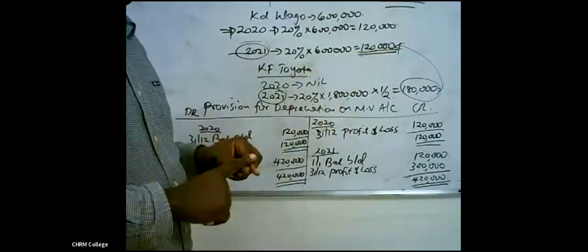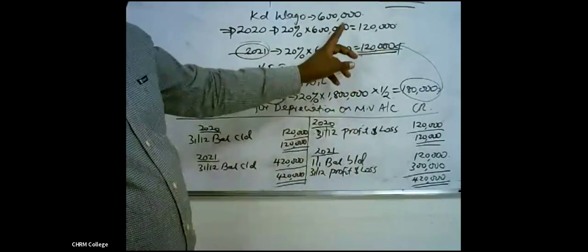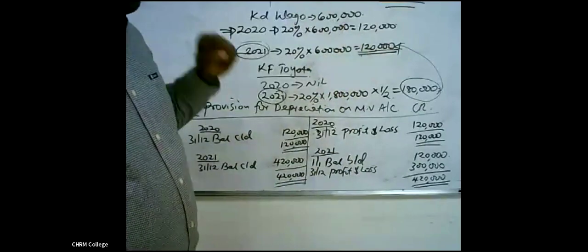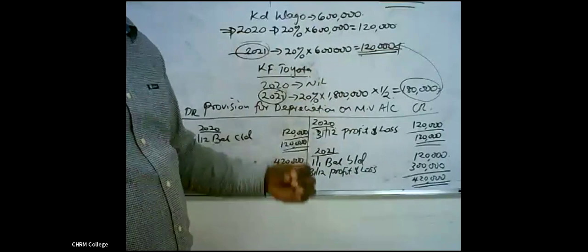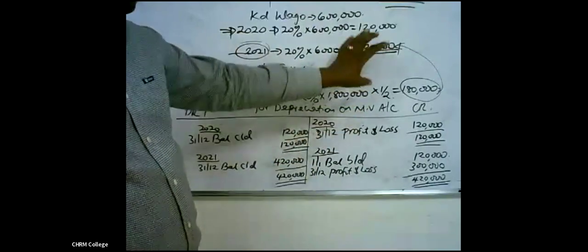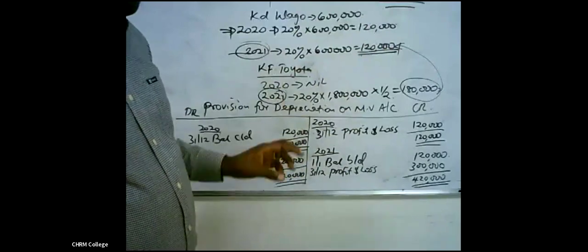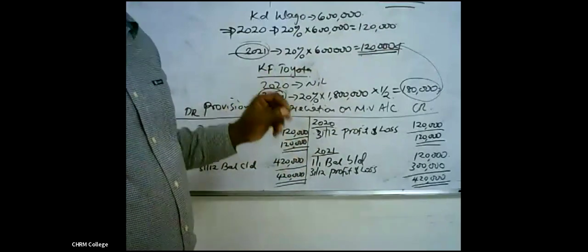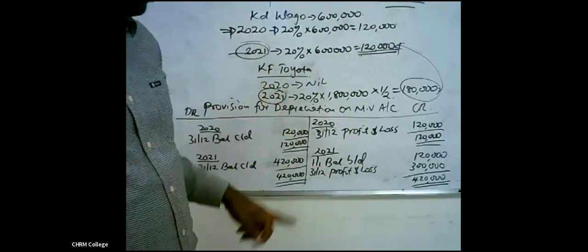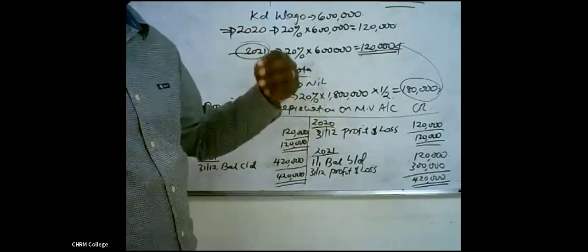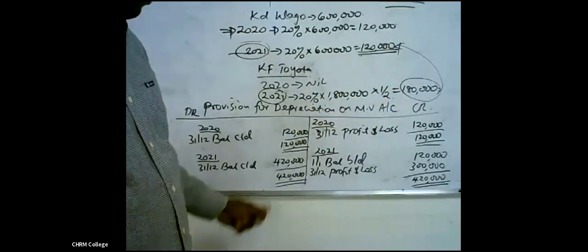So it was there from 1st of January to the 31st of December, the whole year. 2021, KB wagon was still there from January to December, and if it is on cost, the depreciation is constant. But for KF Toyota, it was acquired on 1st of July 2021. In 2020, it was not there, so no depreciation because the asset was not in use.